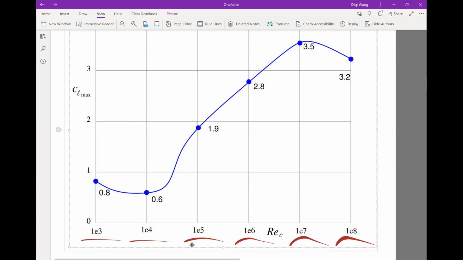At slightly higher Reynolds numbers, like those on birds, you see a significantly more curved airfoil. As you increase the Reynolds number further, the curvature seems to increase, and you get thicker airfoils.